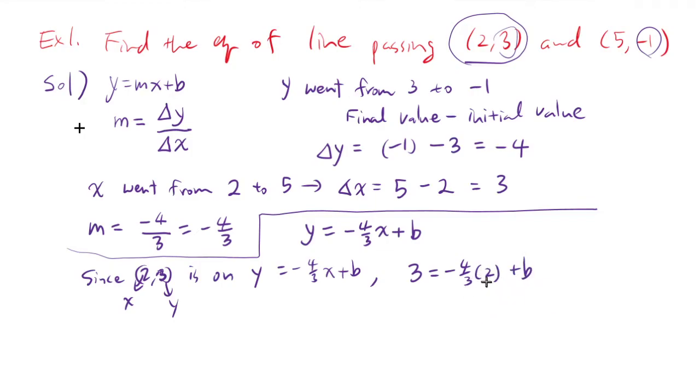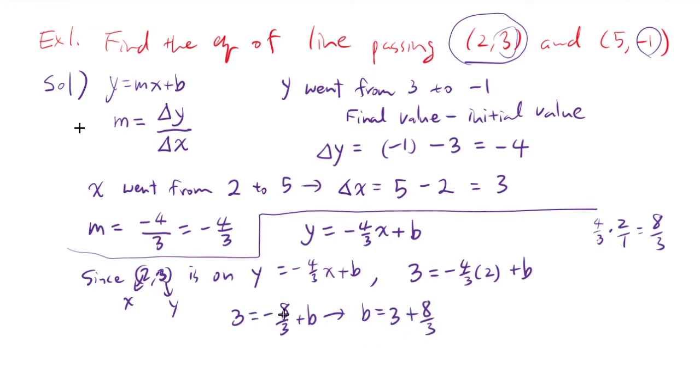When you multiply a number by a fraction, 4/3 times 2, you can think of 2 as 2 over 1, and multiplication is done by top to top, bottom to bottom, so you end up with 8 over 3. Now we can proceed to find b by solving this equation. So 3 equals negative 8 over 3 plus b, and then you can move this to the other side to get b equals 3 plus 8 over 3.